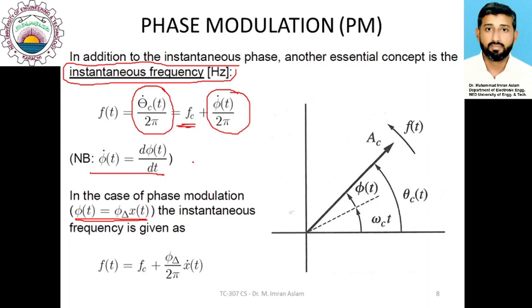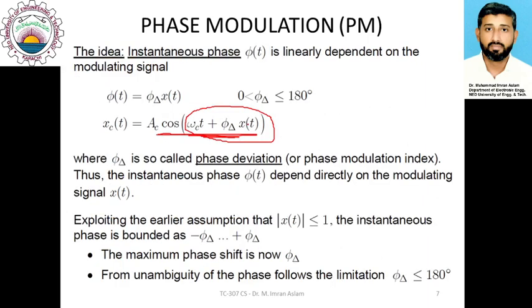So therefore we can write the instantaneous frequency f t equal to fc plus phi delta over 2 pi times x dot t, where x dot t is the first derivative of x t. You can see that the instantaneous frequency is also not constant in this case, as the frequency would also be changing, but that change is related to the derivative of the message signal, whereas the phase change is directly proportional to the message signal.